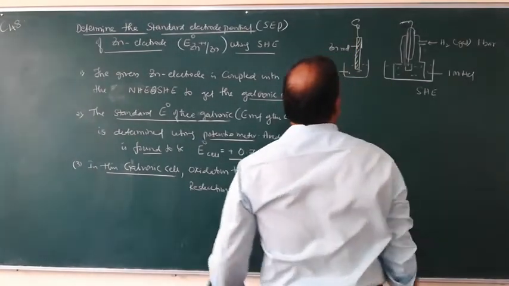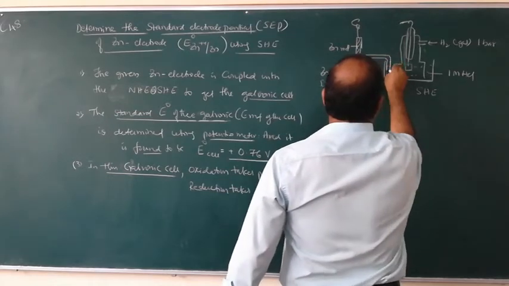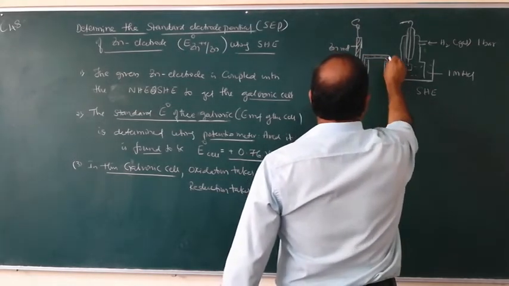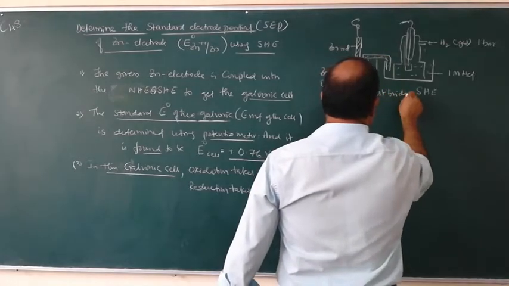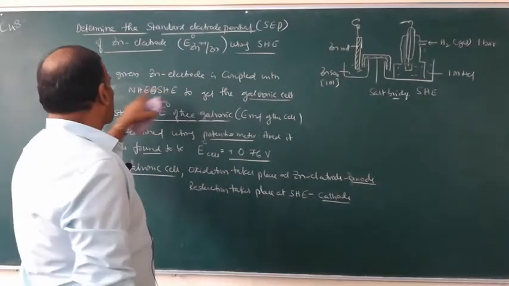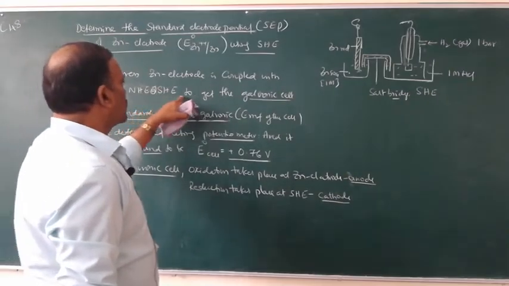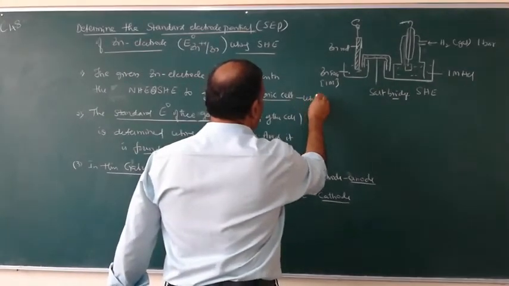The two electrodes are connected using a salt bridge. The given zinc electrode is coupled with NHE to get a galvanic cell using salt bridge.